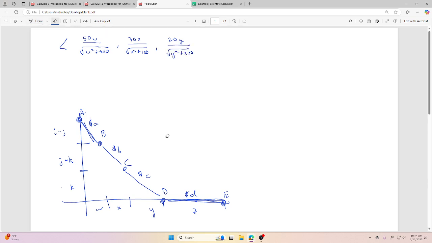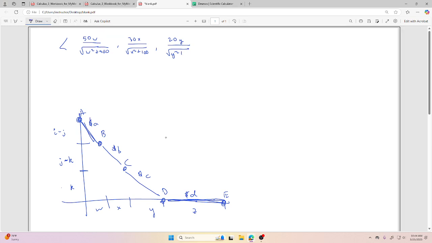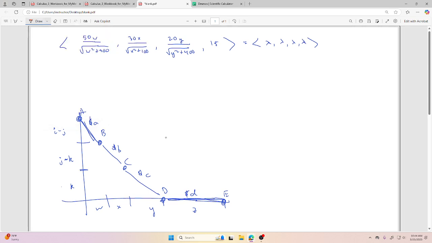Oh, no, that's a 400. Then that was a 15, right? I'm going to distribute the lambda. Hope you don't mind. I know, it's stupid. Do you see it?